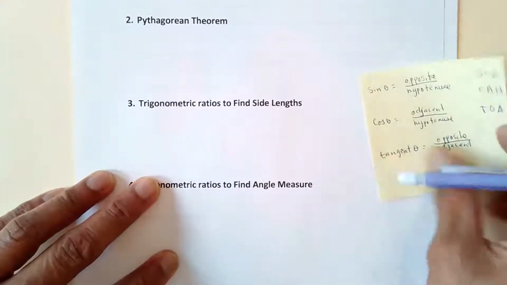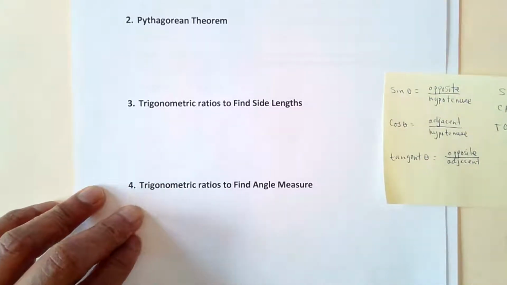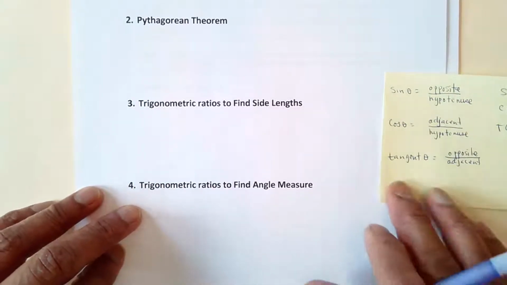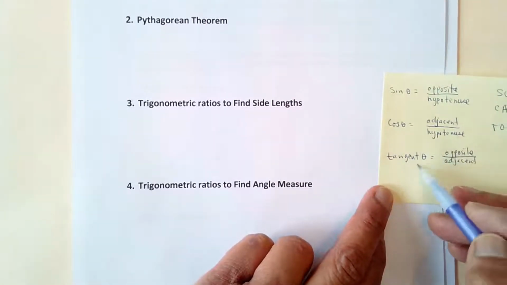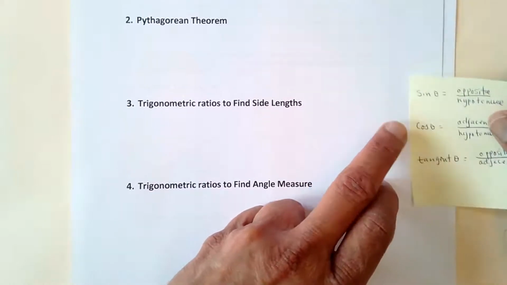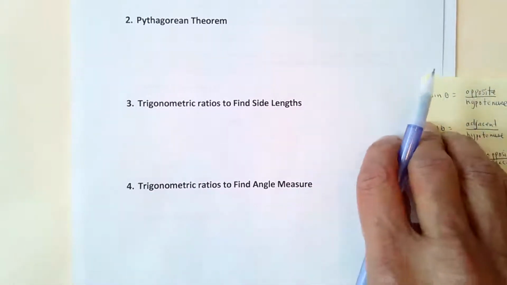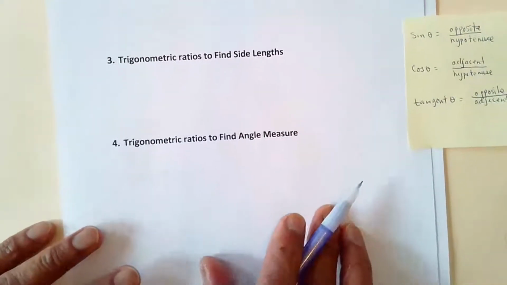I have a slide here with the trig ratios: sine is opposite over hypotenuse, cosine is adjacent over hypotenuse, and tangent is opposite over adjacent. I'll leave this aside here as a reference. So that's one of the trig ratios we'll have to use.